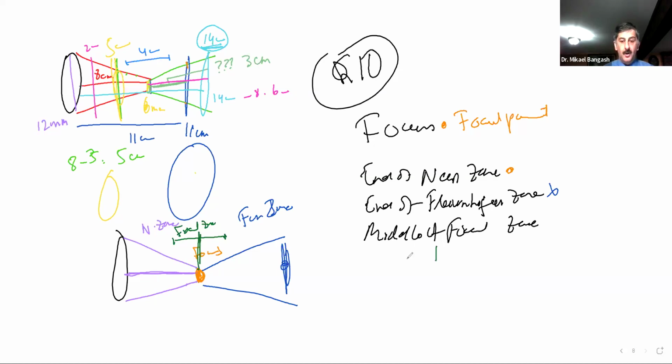The middle of your focal zone is again going to be your focus. Because we said we had a focal zone of, say, 4 centimeters, half of that is in the near zone, half of that focal zone falls in the far zone. But what's in the middle between those two halves is going to be your focus.